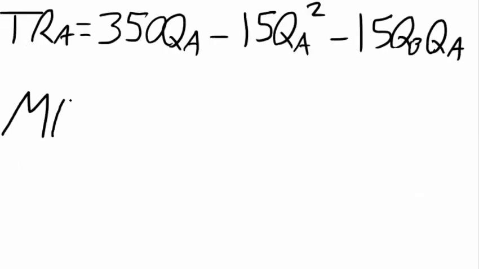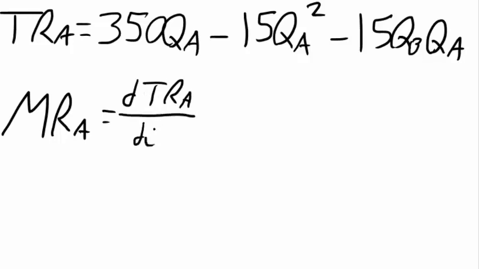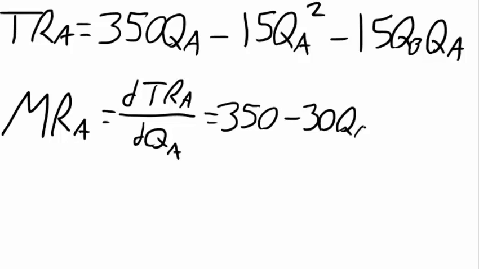Next, we want to find the marginal revenue of A. And marginal revenue is found by taking the derivative of the total revenue function with respect to Q, in this case QA. And we get 350 minus 30 QA minus 15 QB.